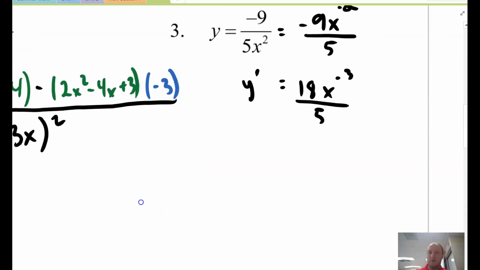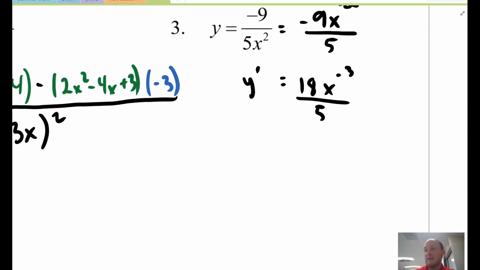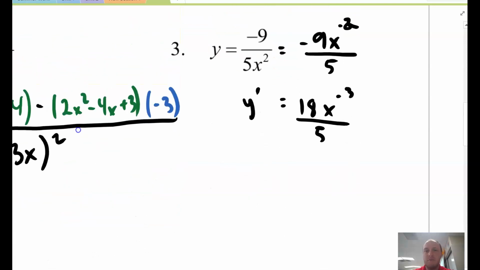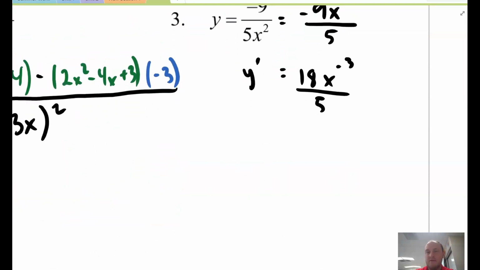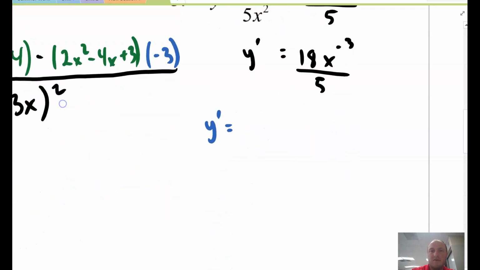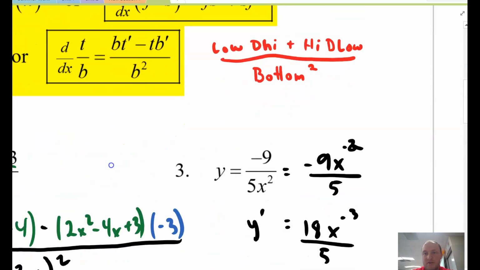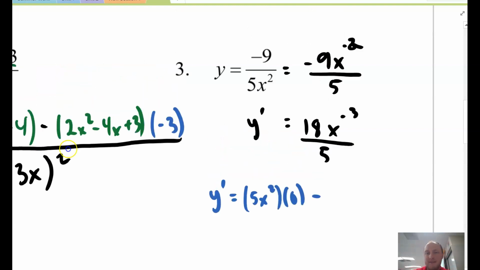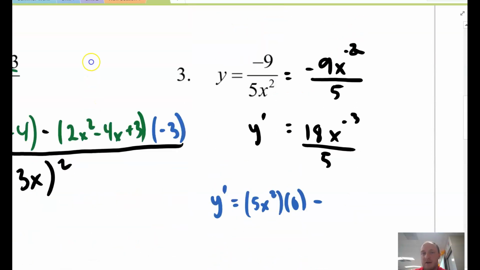All right, so here we go. Remember, it's high d low, or no, low d high. Low d high. See, I don't even remind myself. Low times the derivative of the top. So y prime is the bottom, 5x squared, times the derivative of the top, which is 0, minus high d low.